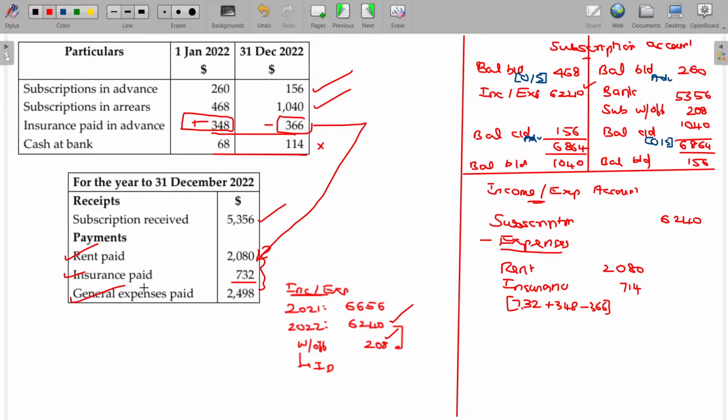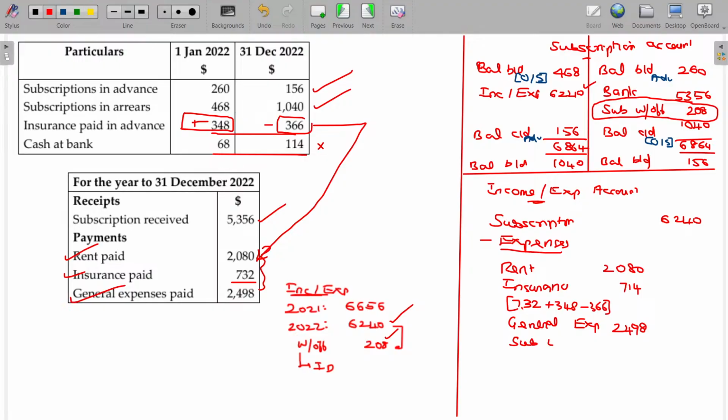And we have been given another expense, general expenses, in this case being 2,498. Not only that, if you are writing the subscription off, it's a loss. Be careful, this amount should also be considered as an expense.